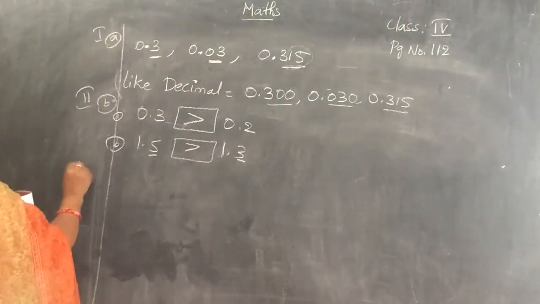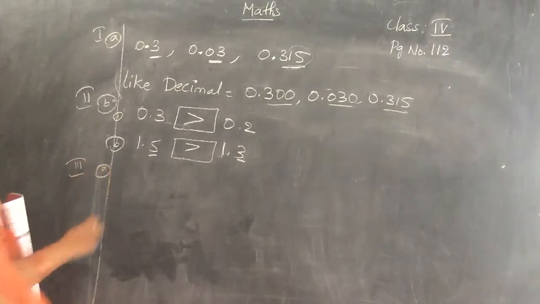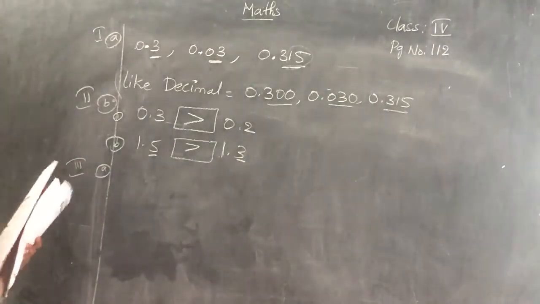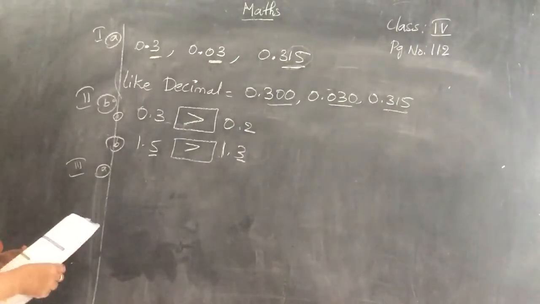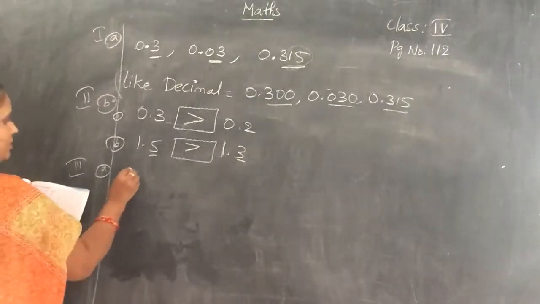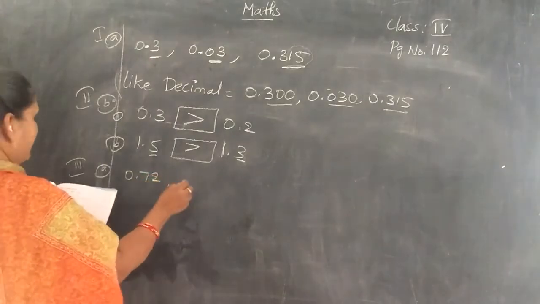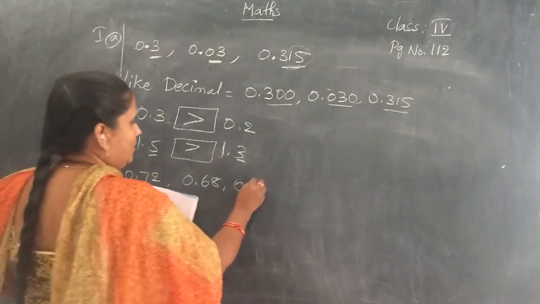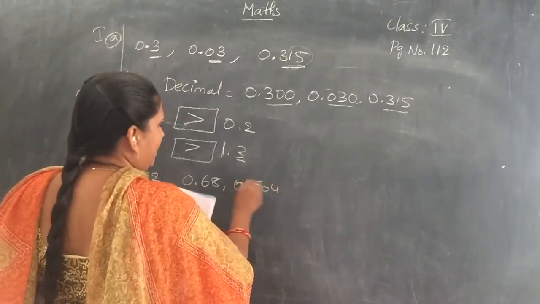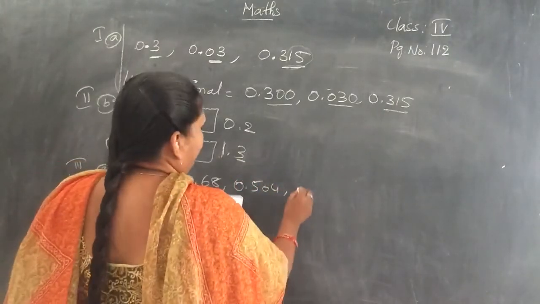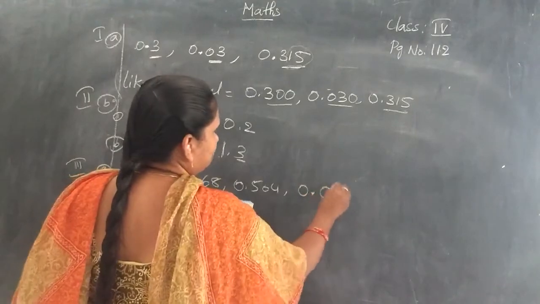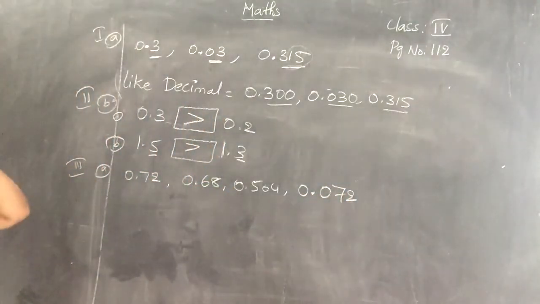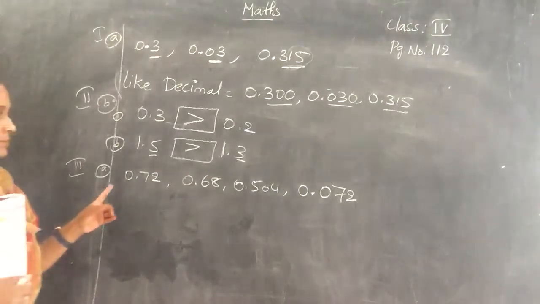Next, Roman number 3. Arrange the numbers in ascending order. First one 0.72, 0.68, 0.504, 0.072.